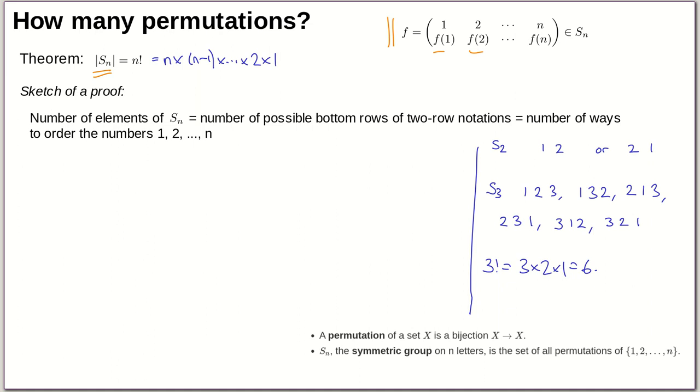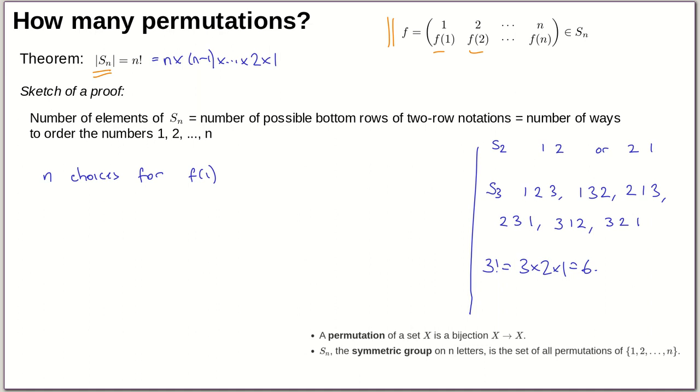If you think about this order, the thing that goes first in this order is f of 1, and f of 1 could be any of n different things. So we have n choices for f of 1. Here f is my permutation in Sn. If we then think about f of 2, well, f is a permutation, so it must be a one-to-one function.